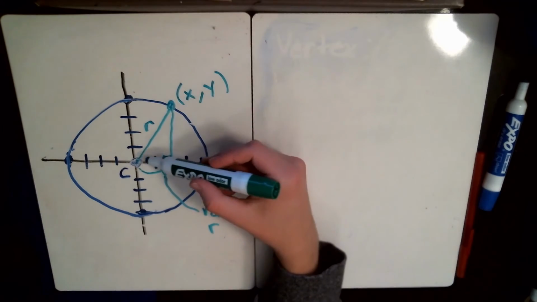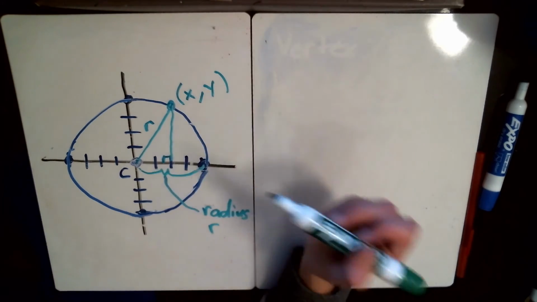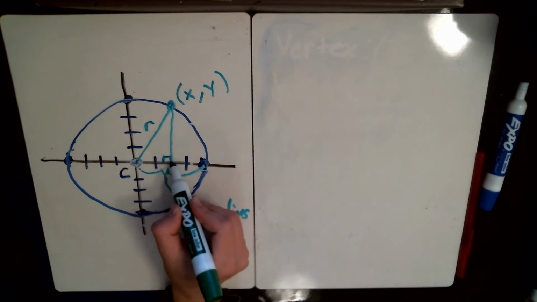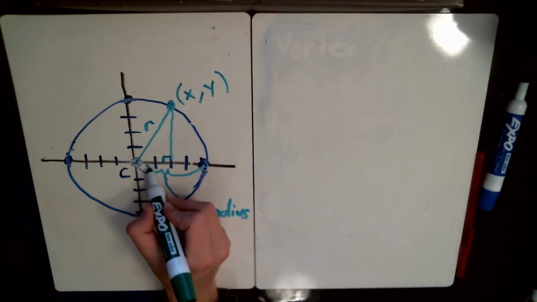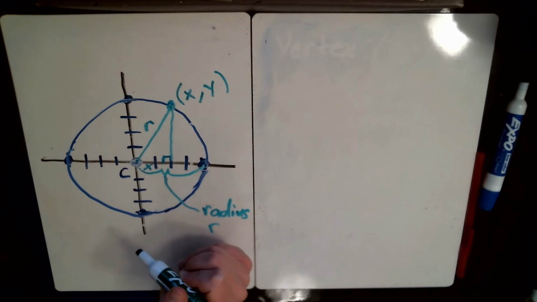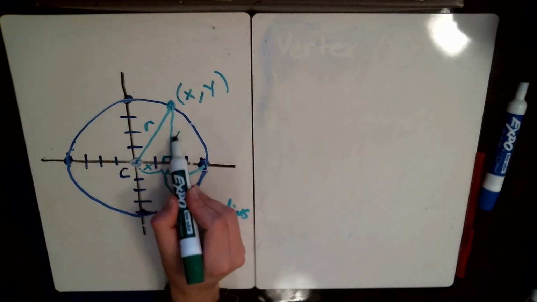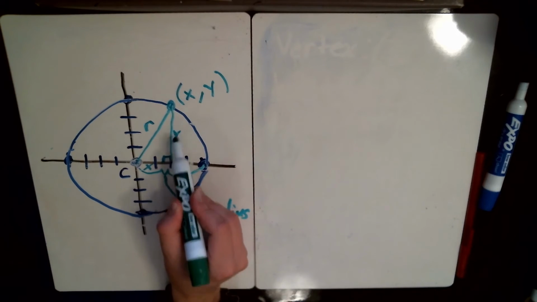And then if you look at your triangle here, of these other sides, this side right here is going to be your x value of the point. And then this distance here, that's going to be your y value of the point, right?